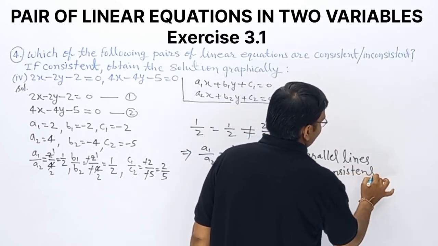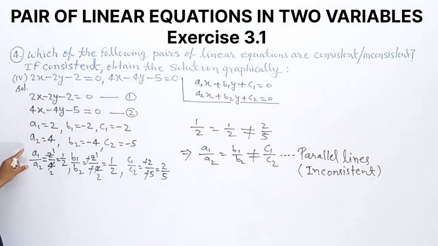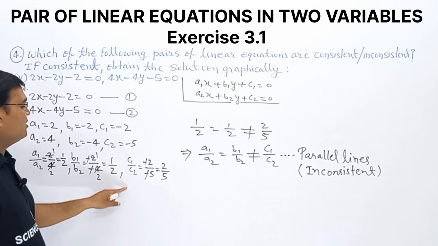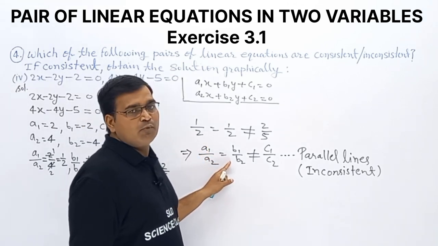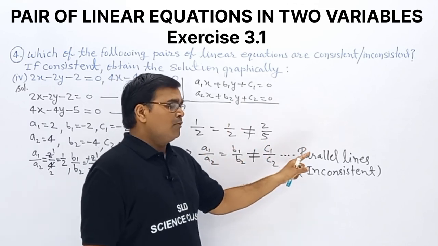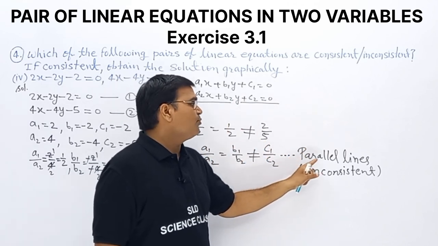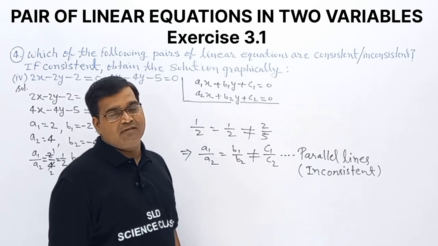From the observation, the ratios give a1 upon a2 equal to b1 upon b2 but not equal to c1 upon c2, so we get parallel lines, which are inconsistent. They never intersect each other. Clear?